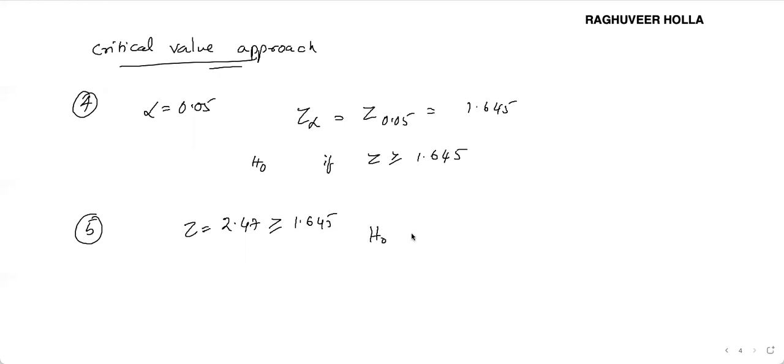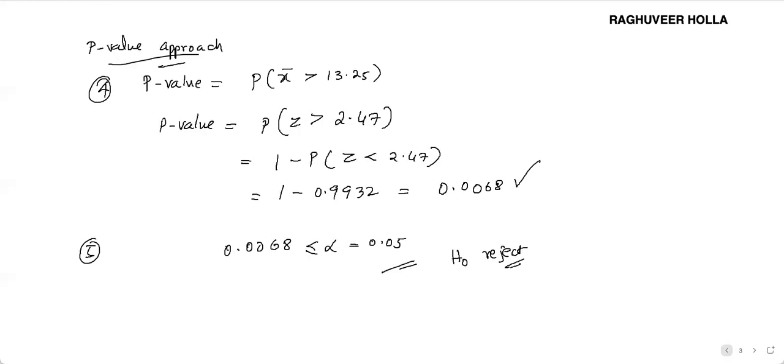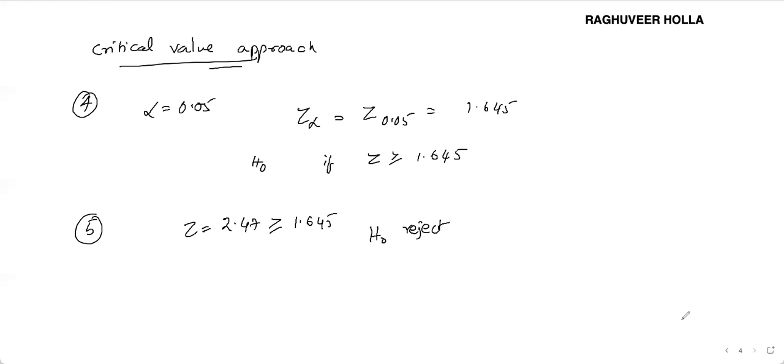Hence H naught will be rejected. So hence we have covered the p-value approach and the critical value approach. Okay. So thank you.